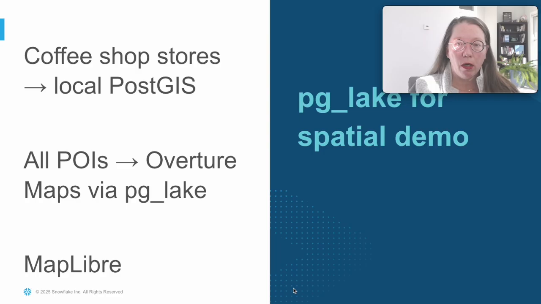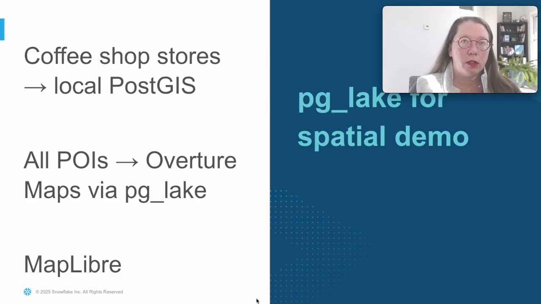So yeah, before we sign off today, I want to show you a little demo that I built that uses PG Lake and is an idea of how someone might combine PG Lake with PostGIS. So I've got a coffee shop business. I've got lots of local data in my PostGIS database.